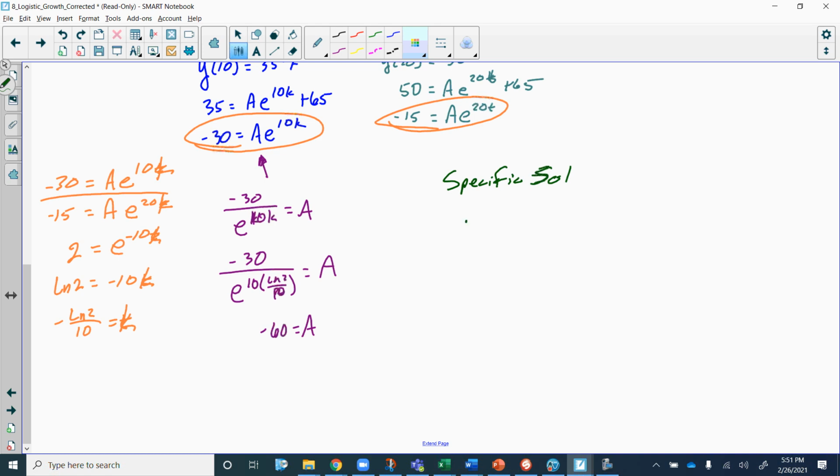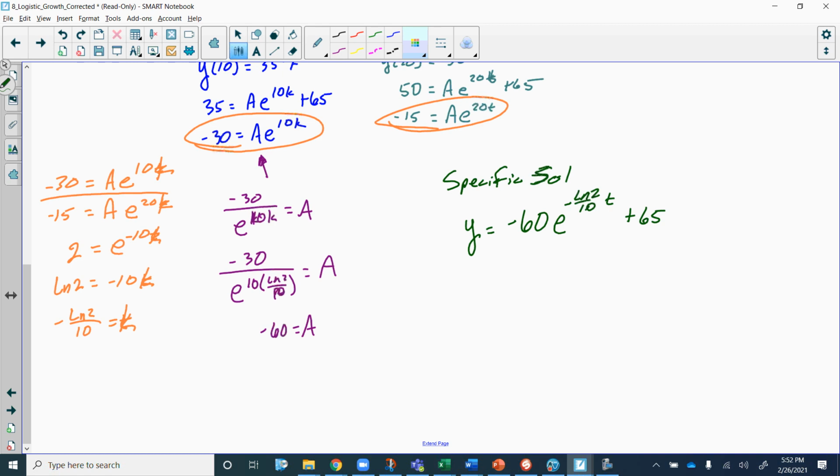I'll just leave it as y. y is equal to negative 60 e to the k power, negative natural log of 2 over 10, times t, plus the ambient temperature of the car, 65 degrees.